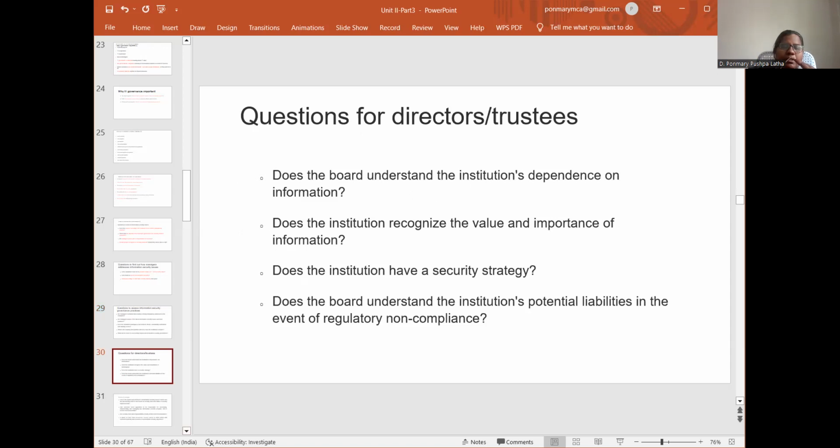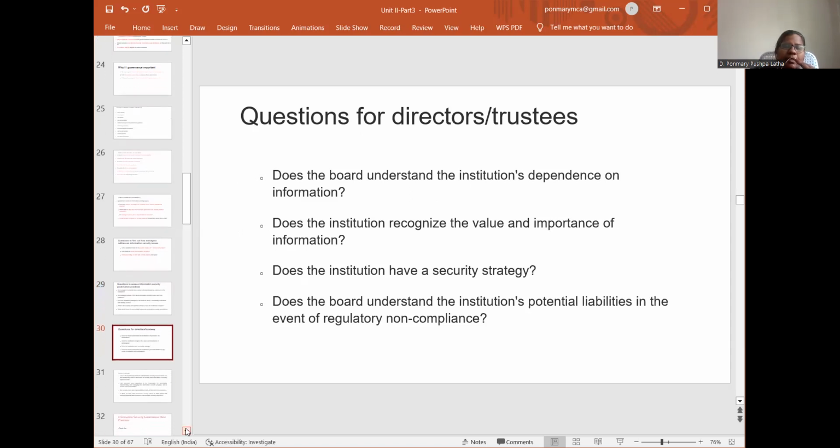There are some questions to be asked of the directors and the trustees. Does the board understand the institutional dependence on information? The people in higher positions have to understand the problems the institution is facing.